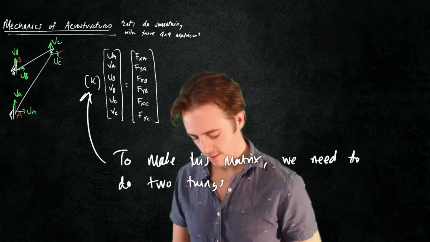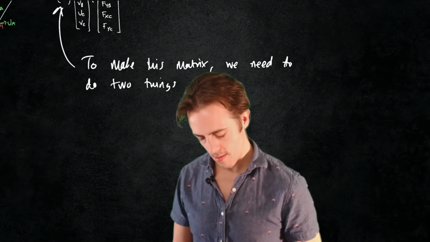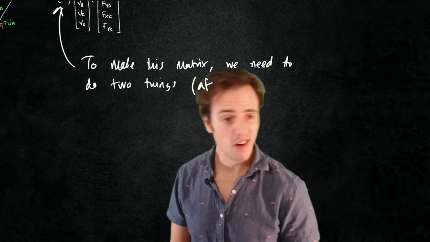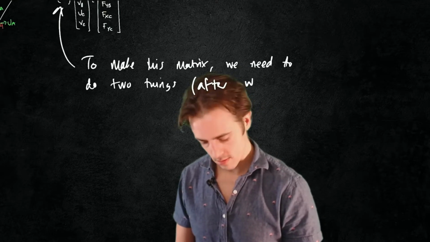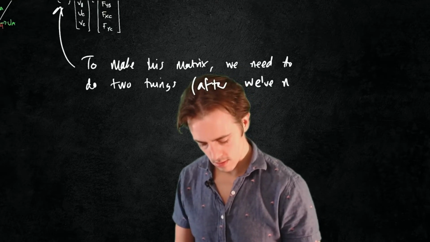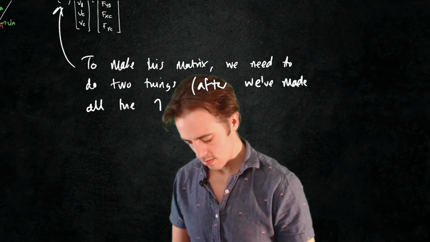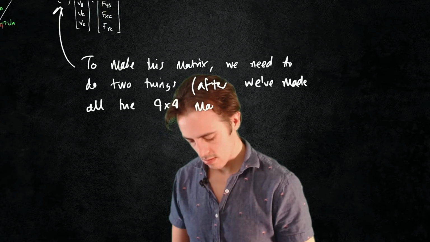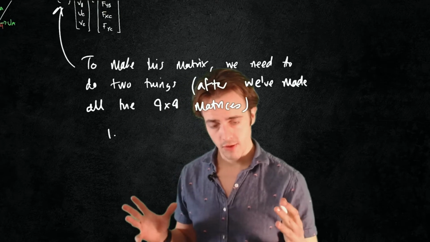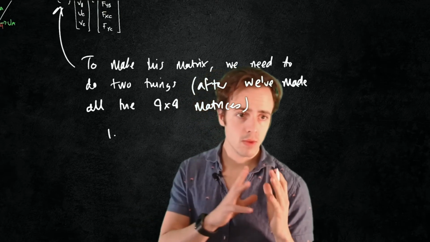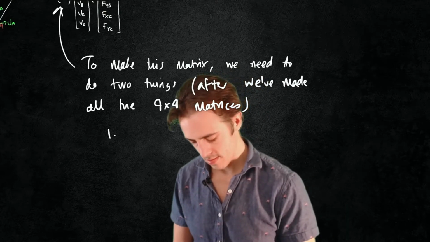So we need to do 2 things after we've constructed all of those 4x4s. The first one is we need to take those 4x4s and expand them into a 2n by 2n matrix, where n is the number of nodes in the system.